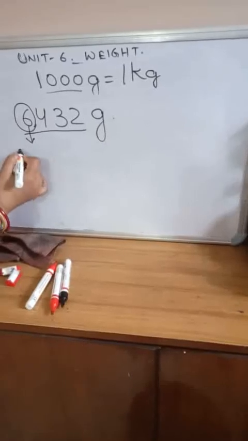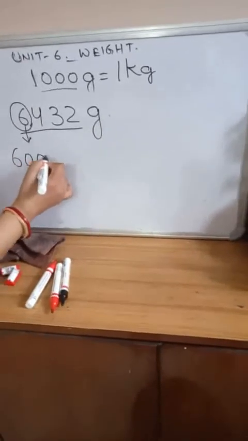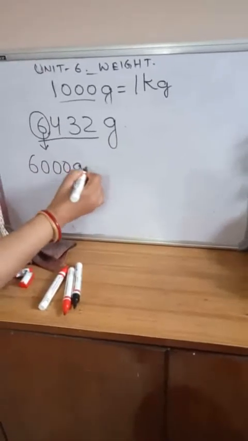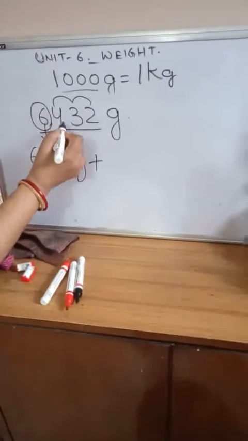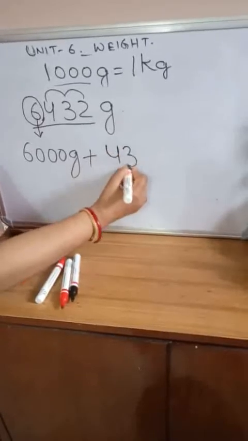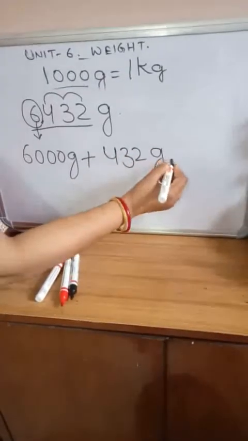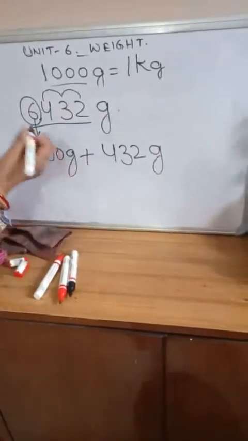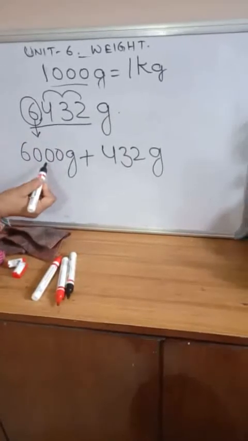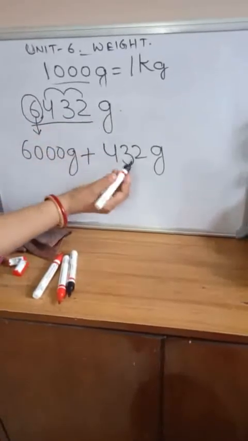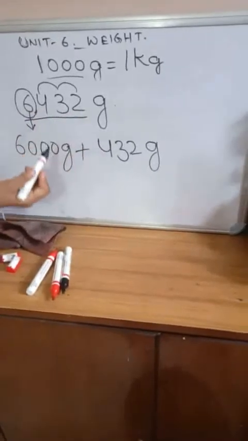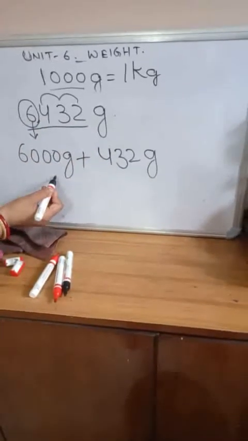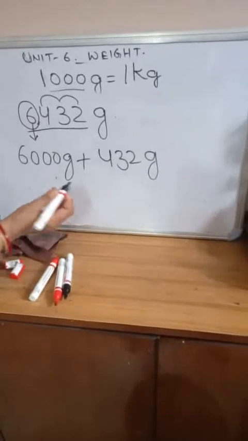So I am separating it. 6000 gram is separated, and the rest, 432 gram, is taken separately. So 6432 is split into two parts, 6000 gram and 432 gram.